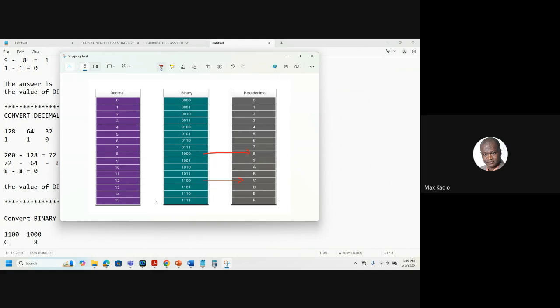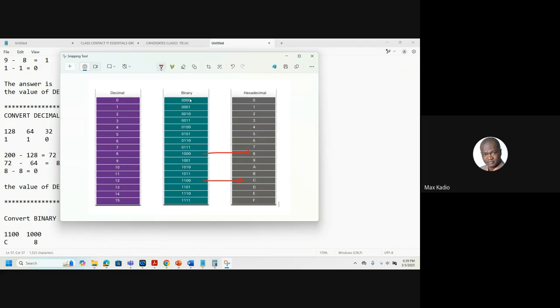So how to memorize this table? Decimal, you count from 0 to 15. Hexadecimal, you count from 0 to 9, then A, B, C, D, E, F. For binary, you start from right to left.